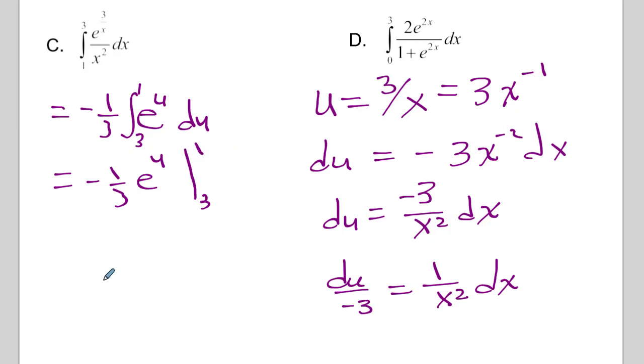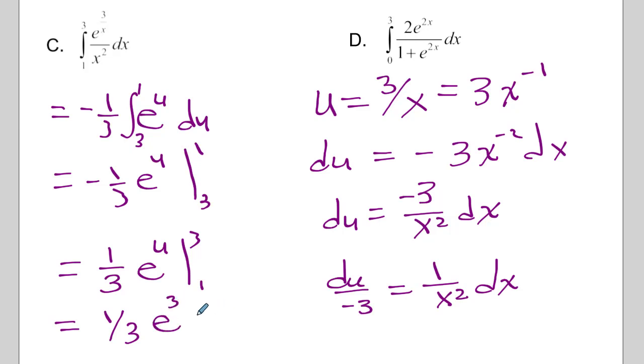So that said, we really need to flip all of this around. So we get positive 1/3, and I can go ahead and write, well, we're still doing e to the u from 1 to 3. Okay, so we get 1/3 e cubed minus 1/3 e.